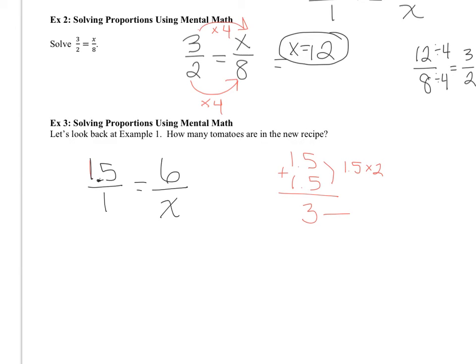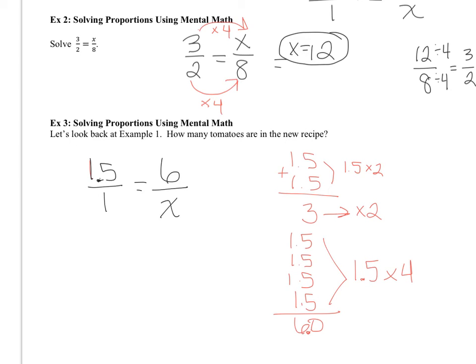If I need to get to 6, I need to take that 3 and multiply it by 2 to get to 6. That means that this would be the same as 1.5 plus 1.5 plus 1.5 plus 1.5 to give me that 6, or 1.5 times 4.